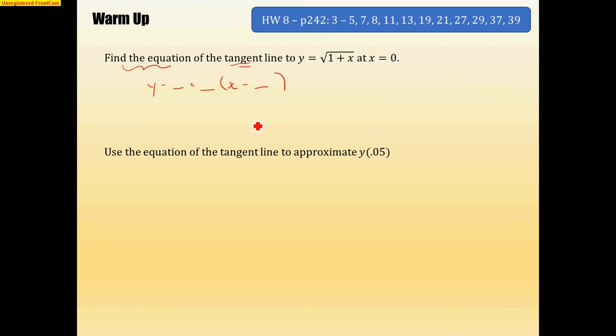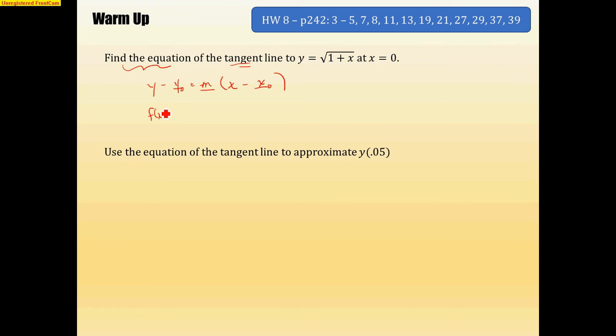But I want you to think about this. We put the x-coordinate here, x sub 0, the y-coordinate here, and the slope here. But I want to do a little bit of rearranging. Firstly, I want to call y f of x.